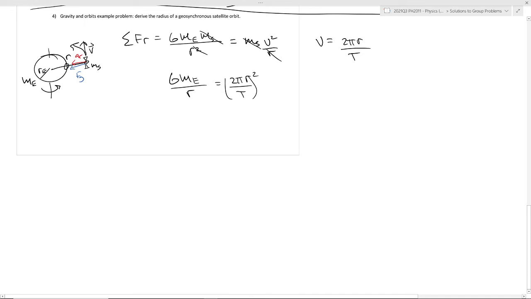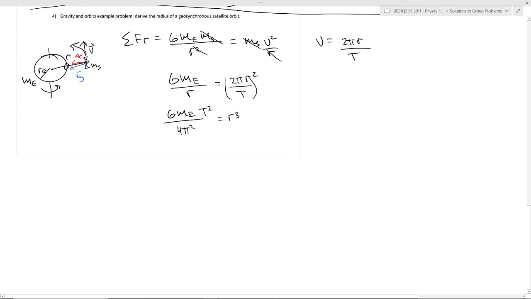So notice we're trying to get r by itself, so we can do some algebra here, move some stuff around. Let's multiply by a factor of T squared to put that over here. Divide by a factor of 4 pi squared. And then that would mean that this whole thing is equal to r cubed.